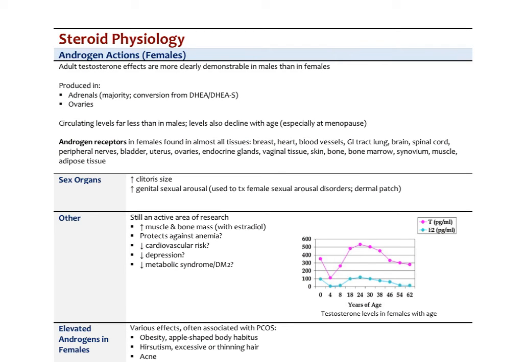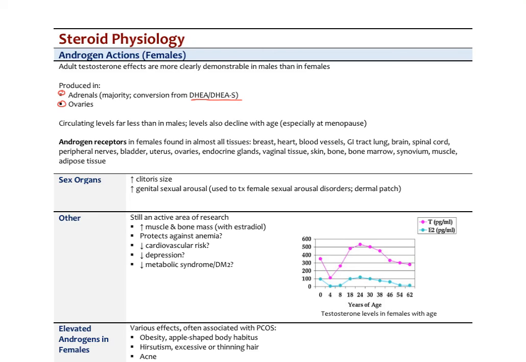Now, I just want to say a final thing here about testosterone and androgen effects in females. This is more difficult to study because a lot of the androgens are aromatized in females to estrogen, so it's hard to say what is actually from estrogen or testosterone. But the majority of androgens in females are produced in the adrenals, interestingly, especially after menopause, and that's primarily via DHEA and DHEA sulfate, and then the rest is from the ovaries.